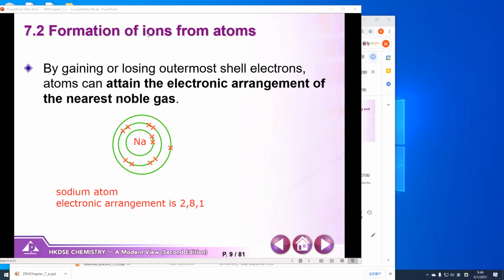So how is an ion formed? Because atoms want to attain electronic arrangement. 佢哋想有一個 full shell to the nearest noble gas.